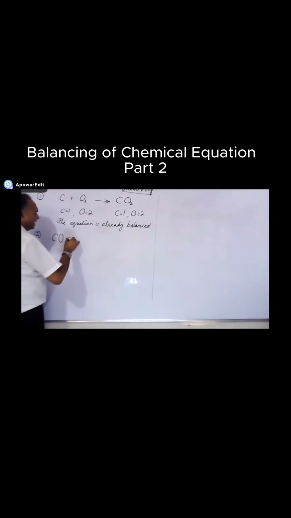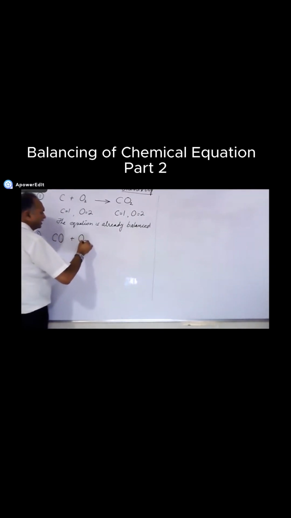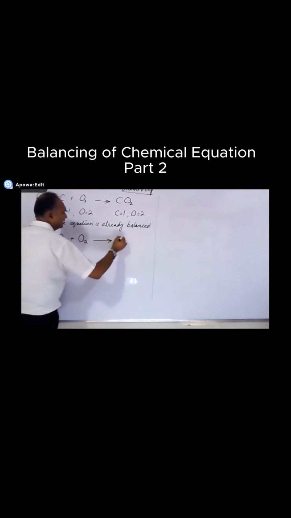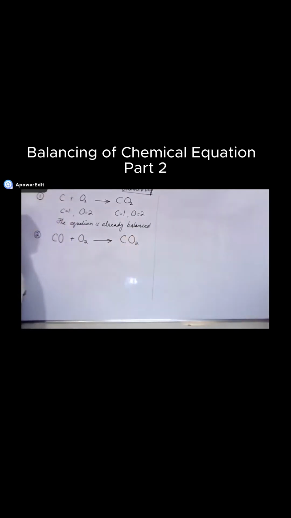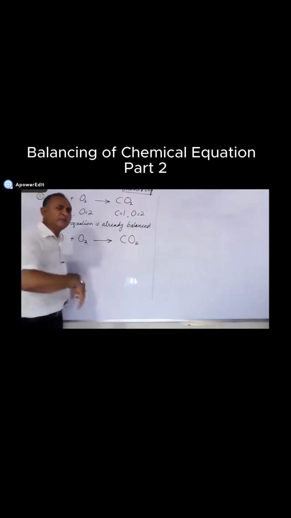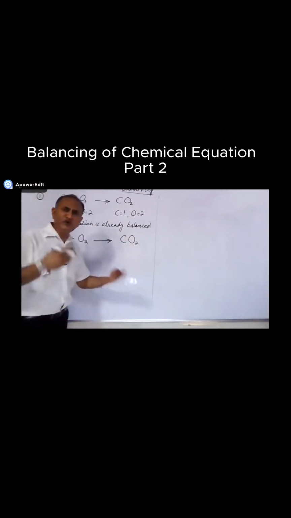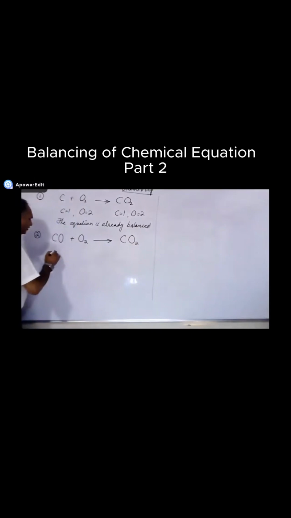Okay? Suppose we have another equation like carbon monoxide is reacting with oxygen forming carbon dioxide. I told you that this is the question. You are not supposed to write the question as per board's requirement, so we are going to rewrite again.